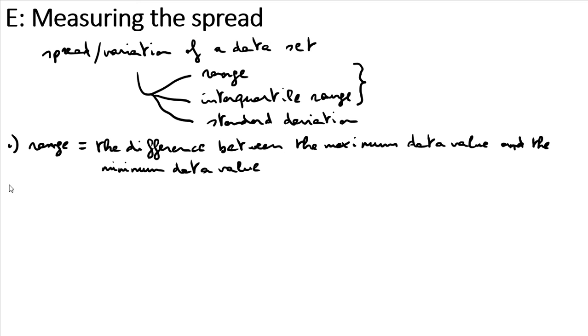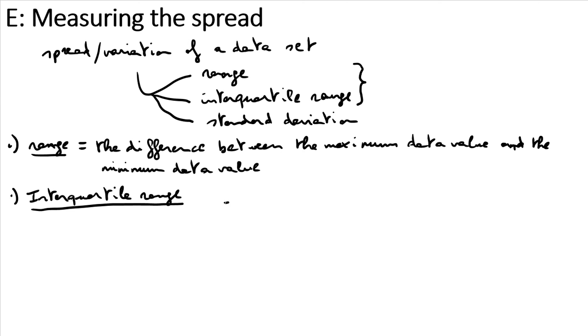Let's now focus on the interquartile range. To find the interquartile range, we first have to order our dataset.